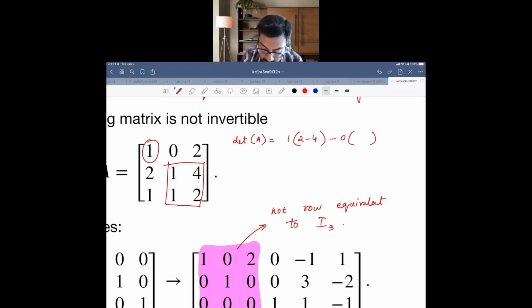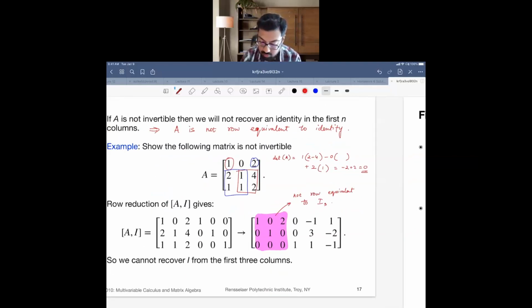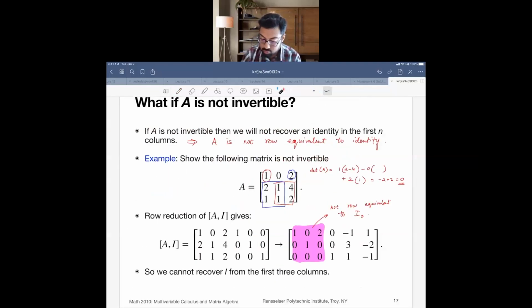It's going to cancel out anyway, so I don't even need to write that. And then the last entry is 2 times the determinant of this submatrix, which gives 2 minus 1, 1. You can see that this is going to equal negative 2 plus 2 equals 0. So that also indicates that A is not invertible. And for such matrices, when you do the row reductions, you will not have row equivalency with the identity matrix.